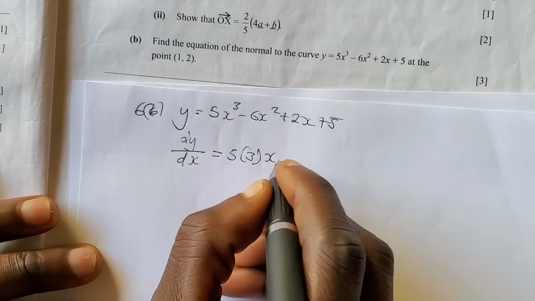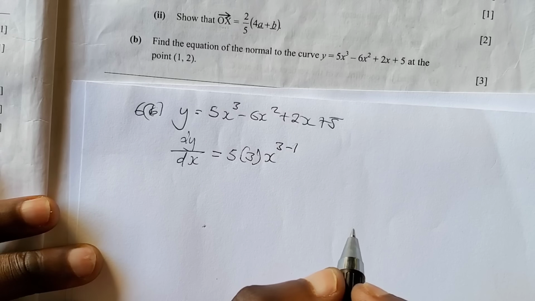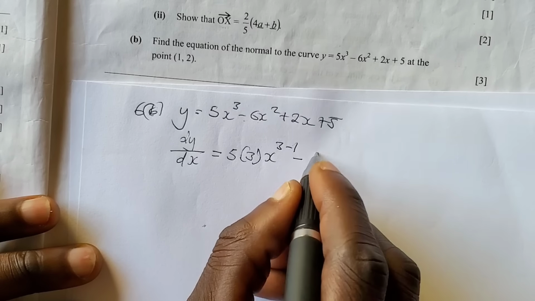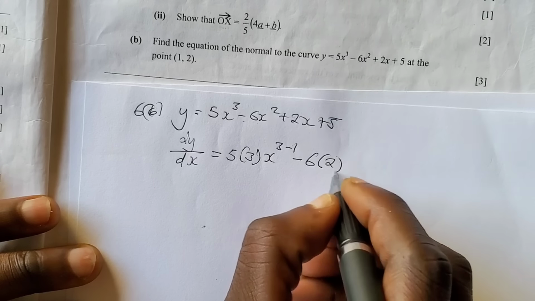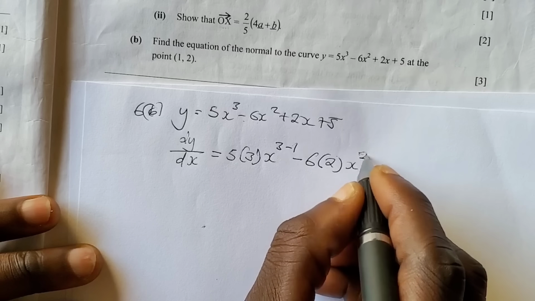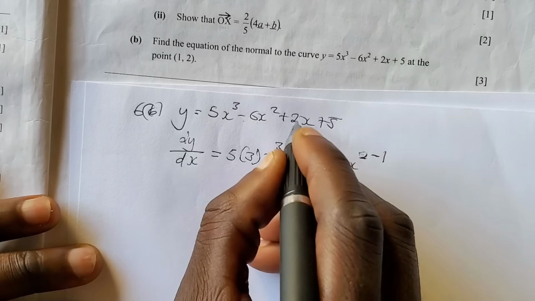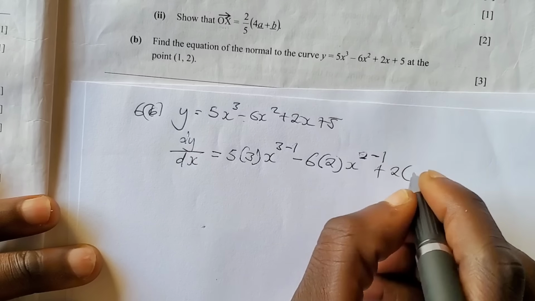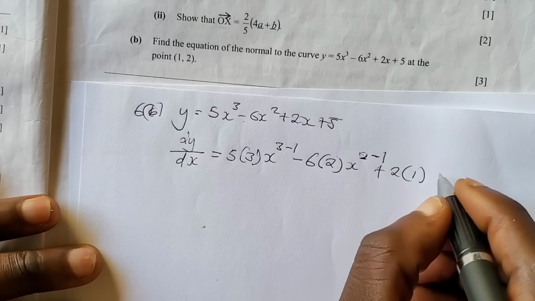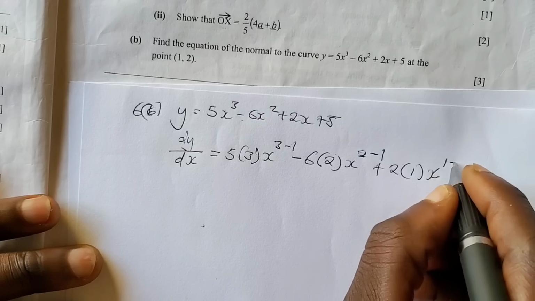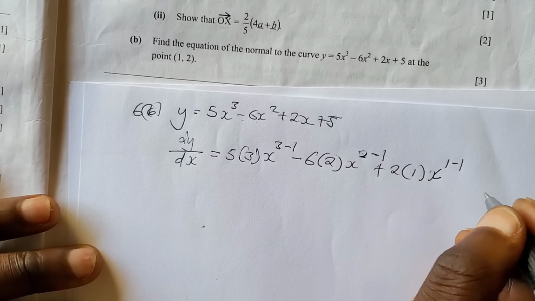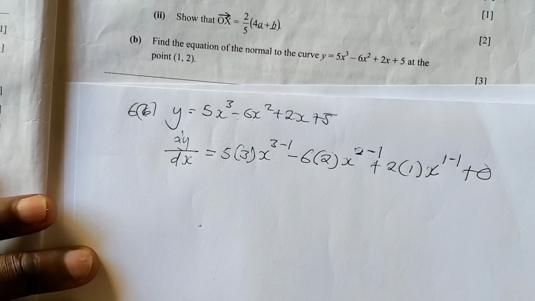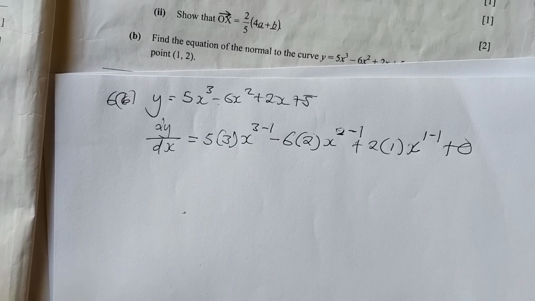And the power reduces by what? 1. So even here we're going to say the same. 6 multiplied by 2 and the 2 reduces by what? 1. Even here we're going to say the same. 2 multiplied by the invisible 1, which we will make visible, then 1 minus 1. What is the dy dx of a constant number? 0. Okay? Very good.